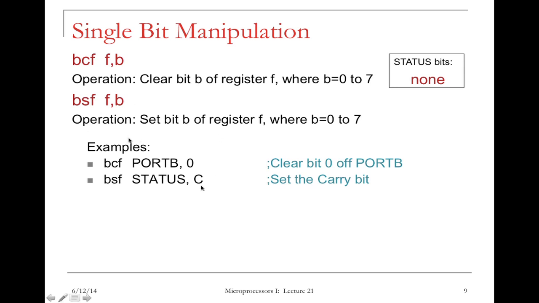The bottom line, this C is really a number, the index of the carry bit in the status register. Similarly, you can do Z, which is bit 2, with the same effect.